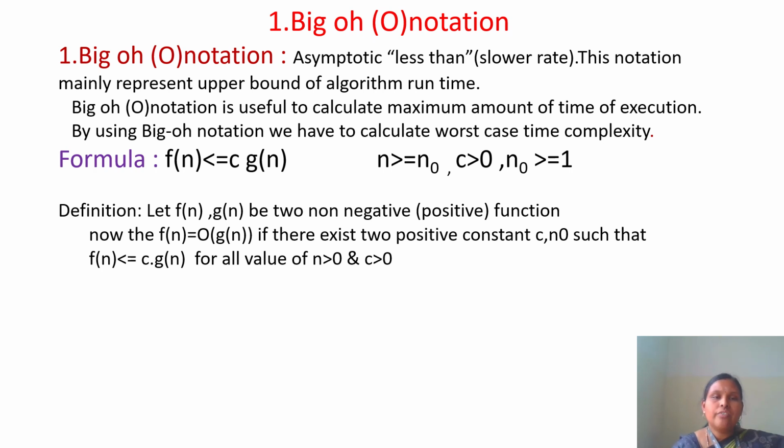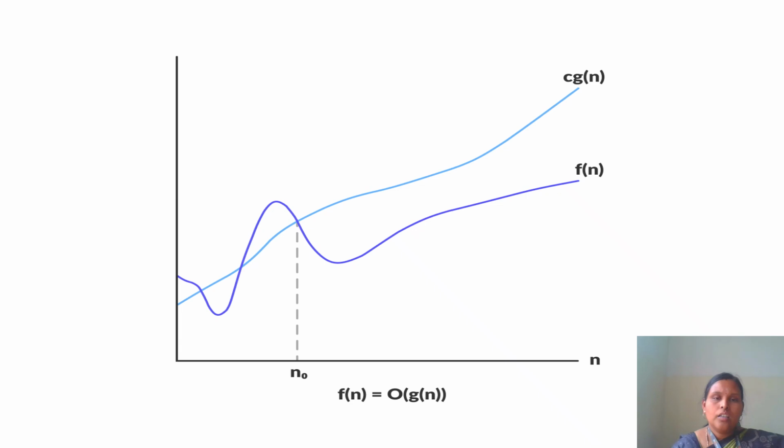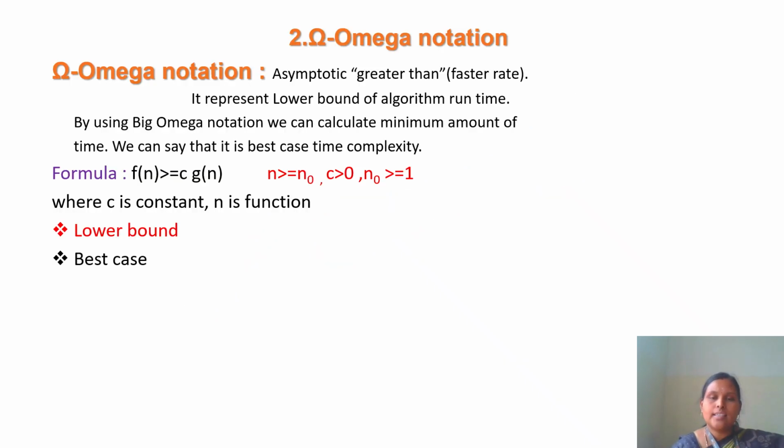Here f of n and g of n are non-negative functions, and c is a constant. This graph represents how it takes the maximum amount of time to execute the algorithm. F of n is the actual expected time and c into g of n is the actual time for an algorithm to execute. This is f of n equal to big O of g of n. So big O represents worst case analysis.